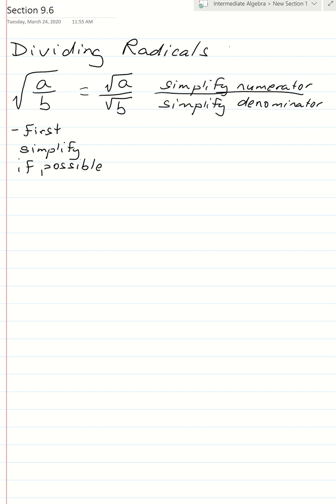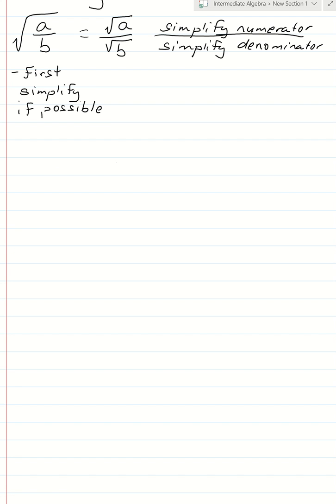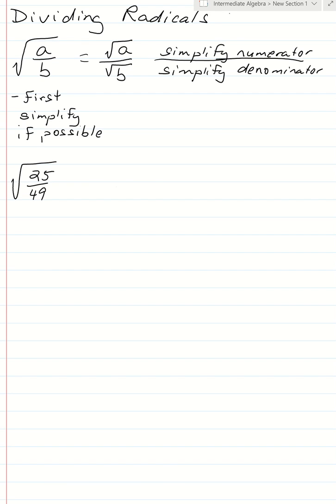For example, let's say we have the square root of 25/49. Well, the fraction itself of 25/49 can't be simplified. There's no factor that goes into both 25 and 49 evenly.